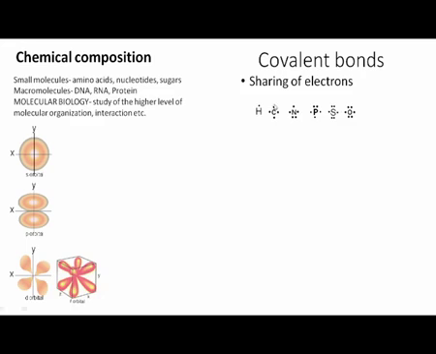These electrons remain with the atoms in orbitals, and the shapes of the orbitals are defined by letters like S, P, D and F, and you must be aware of these things very much.